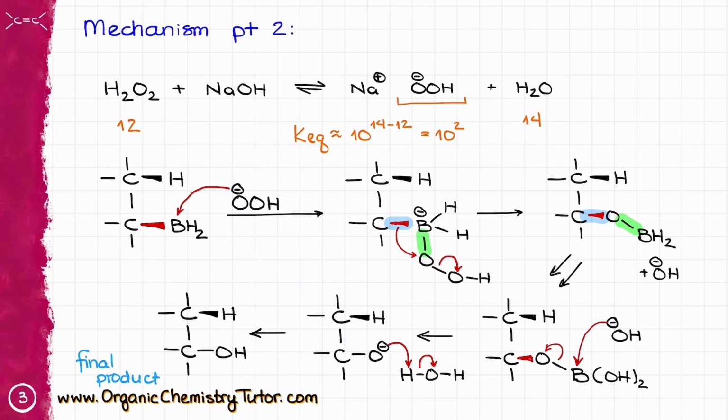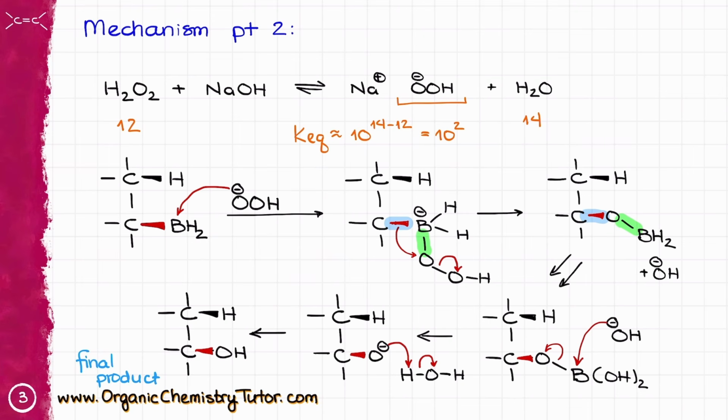By tracing my stereochemistry with the oxygen throughout this entire reaction, I can see that I replaced boron with an oxygen with retention of configuration. This is an extremely important point in this reaction. We are not going to racemize it, or switch the stereochemistry.